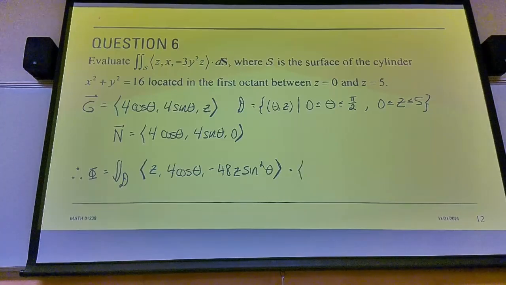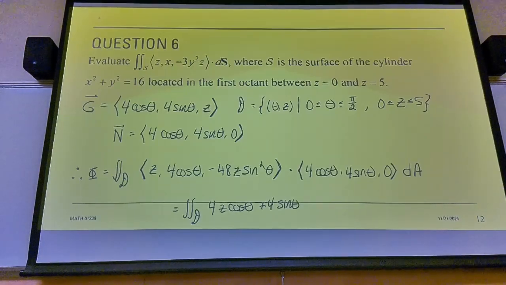That gets dotted with our n. Oh, that is sexy. What is that dot product? Four z cosine theta plus 4 sine theta cosine theta.